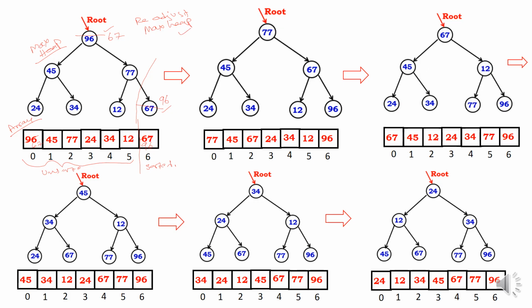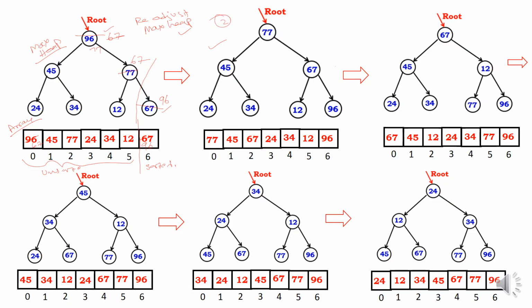So to make max heap means the largest element should be parent. So here 67 is less than 77. So again replace, interchange them, 77, and this becomes 67. 77 is greater than 45 and 67. 45 is greater than 24 and 34. So you will get this tree. Now see the second tree. Tree number 2.